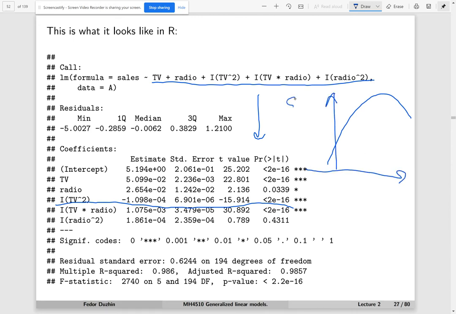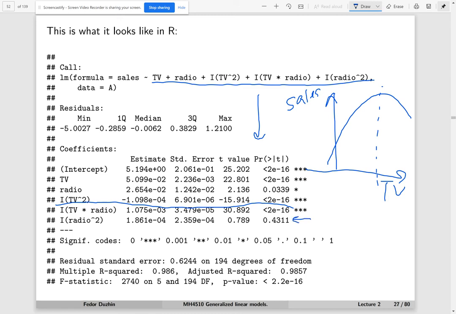This is our sales, and this is our TV budget. But then it makes perfect sense, right? Because we see now that regardless of the value of our budget for radio, the sales are going to grow more at first until a certain point, and then it's going to stop growing. What I'm trying to say here is that we can interpret this model. It makes perfect sense.